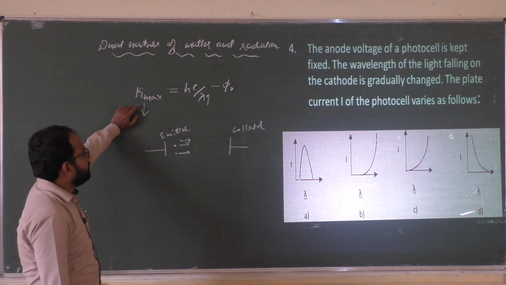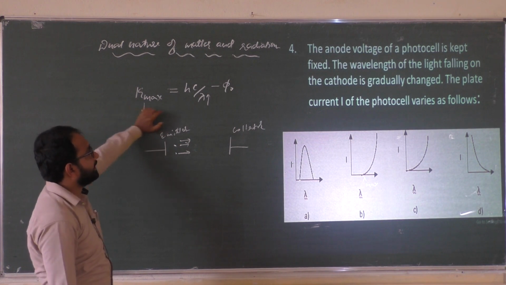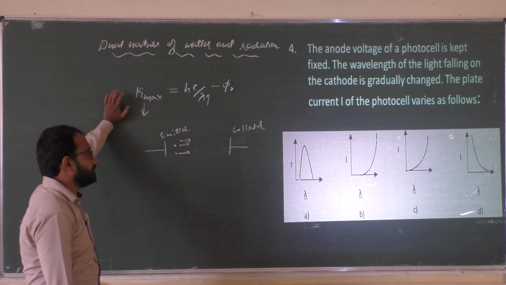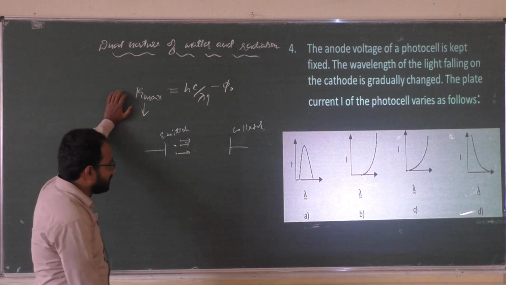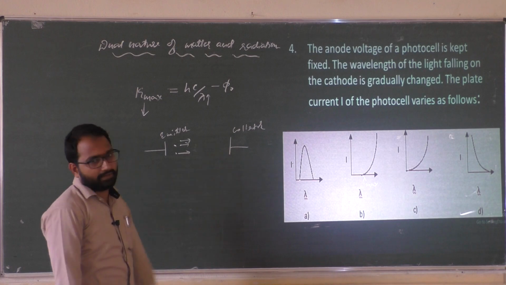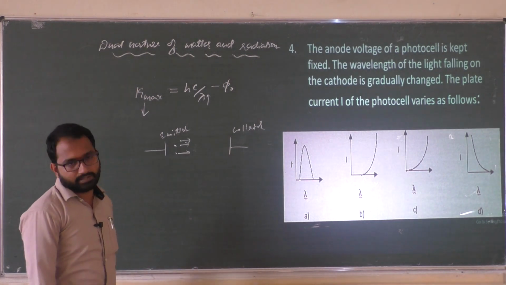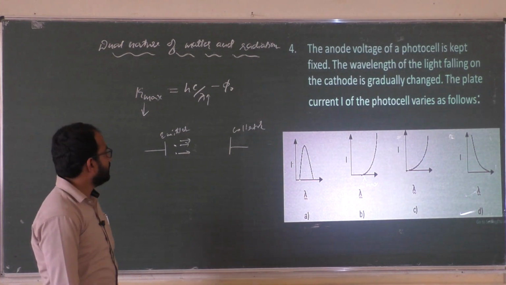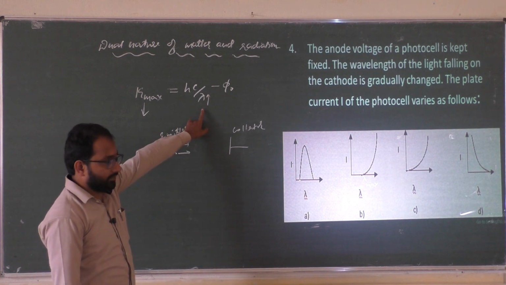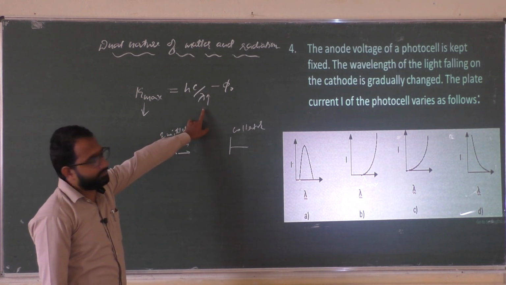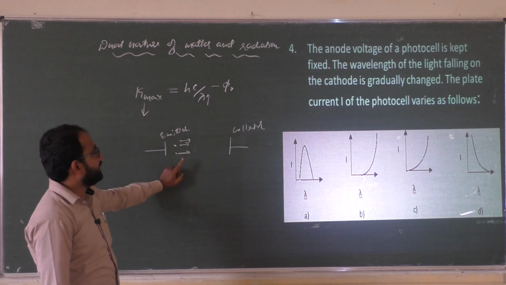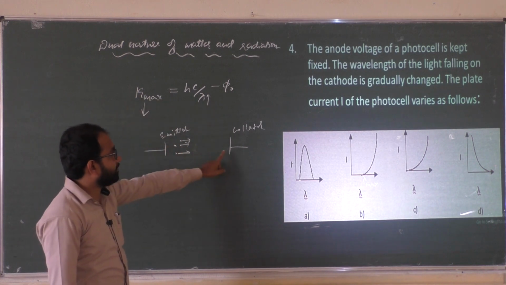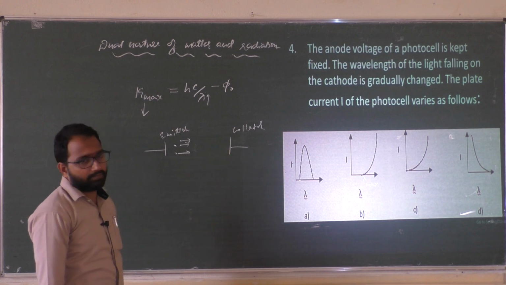If you decrease the kinetic energy of emitted photoelectrons by increasing the wavelength of incident photons, then lesser and lesser number of electrons will reach the collector plate, thereby current decreases. On increasing lambda, kinetic energy decreases, so fewer electrons reach the collector plate.